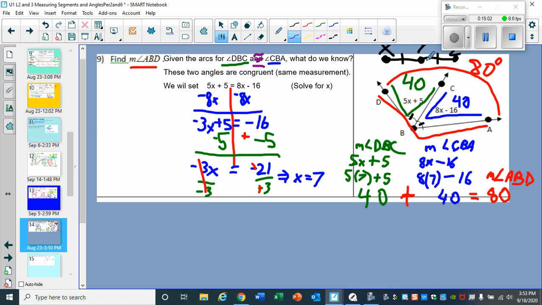So in the end, it turns out both angle measures are 40, DBC, CBA, and then add them together. Measure of angle ABD is 80 degrees. You can say ABD or DBA, same one.